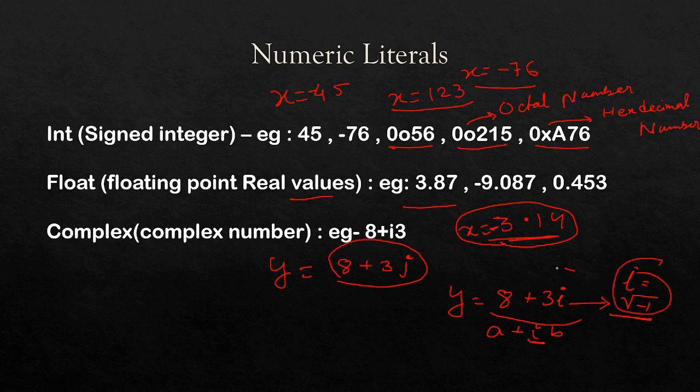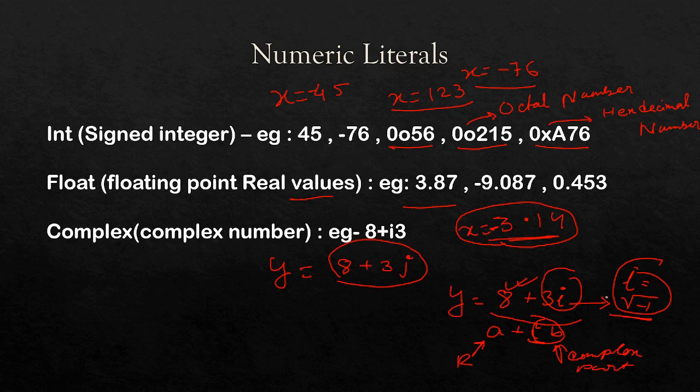And this is the complex part. This ib part is the complex part, and this a is the real part. So this is complex number. In mathematical concept, we use this.